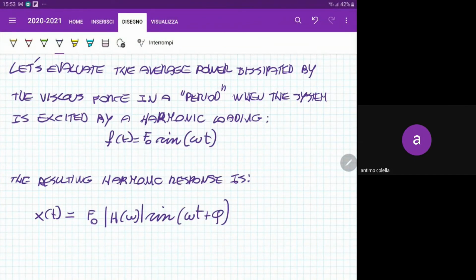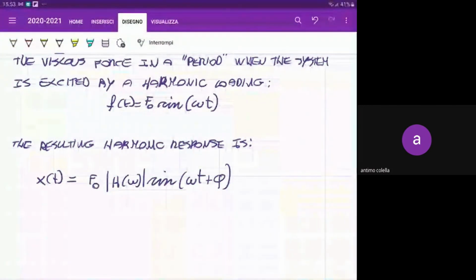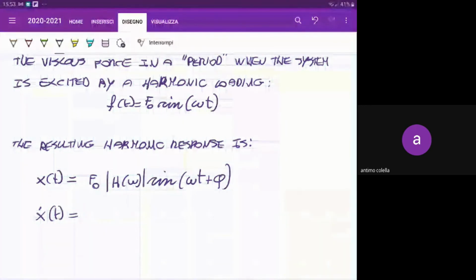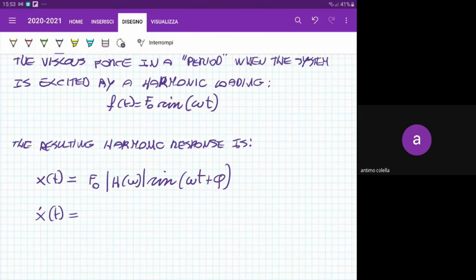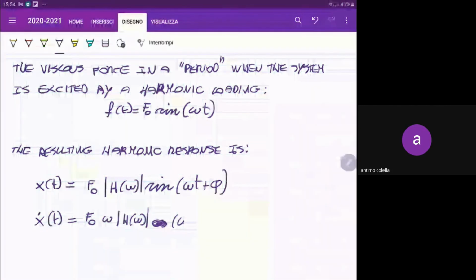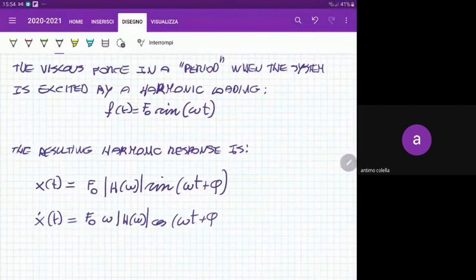Okay, we can write that because the input is harmonic one, and the corresponding velocity is just the time derivative of the previous one. Because we are in harmonic conditions, it is also very easy, just a matter of multiplying that by omega and change the sign with cosine. So it is equal to F0 omega, then the effect of the FRF at that frequency, and then cosine of omega t plus the phase angle.